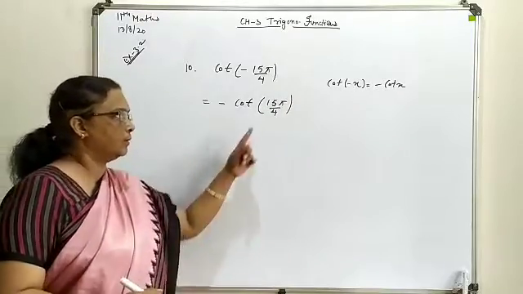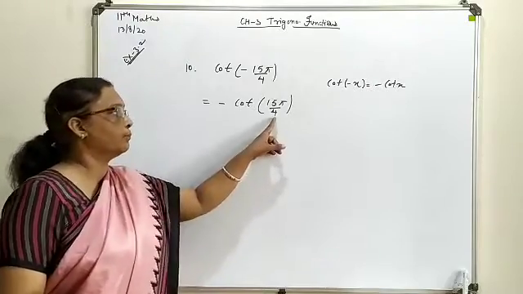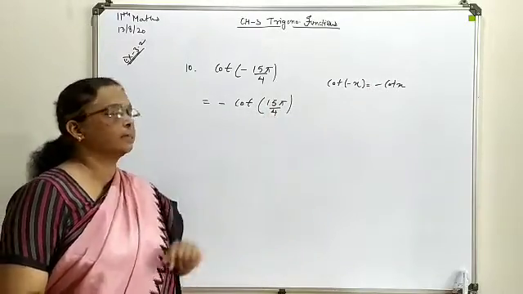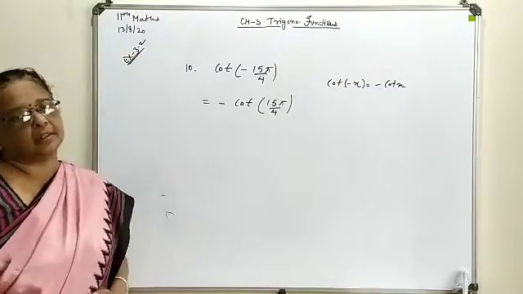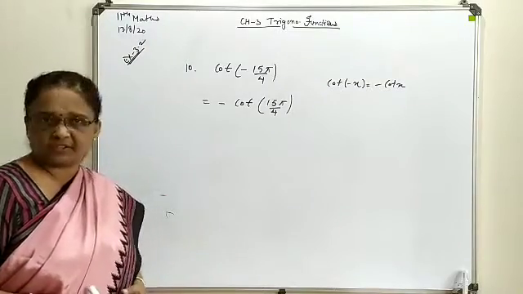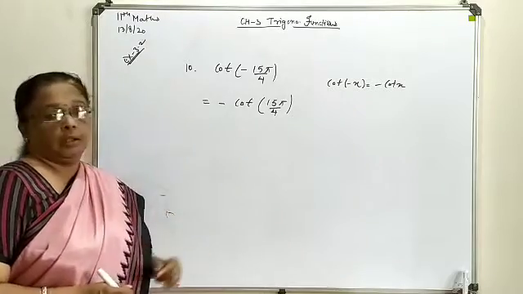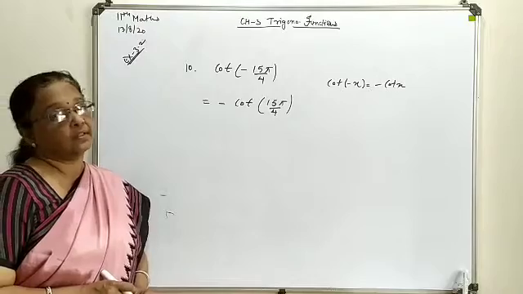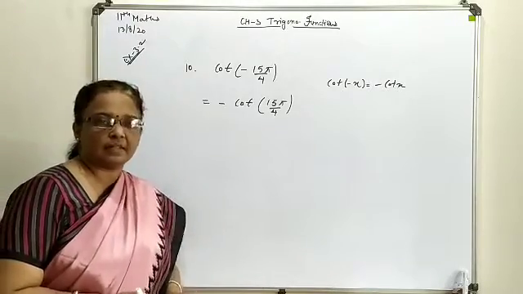Now next, this is your 15 pi by 4. As I told you, you write this 15 pi as a multiple of the denominator. Either it can be written as 12 pi plus 3 pi, or as 16 pi minus pi. Both ways give you the same solution.